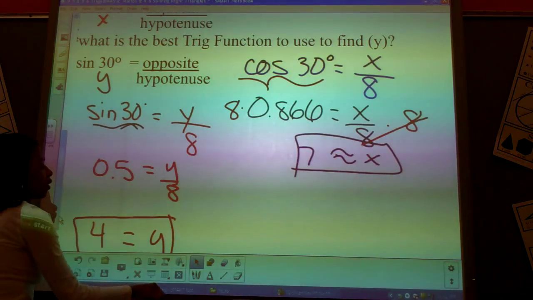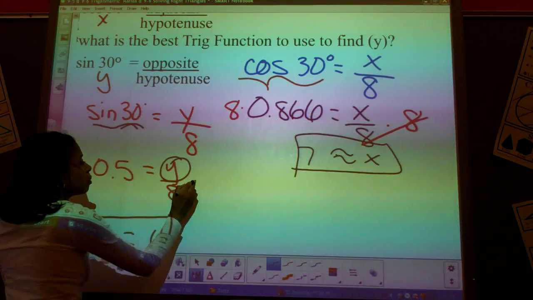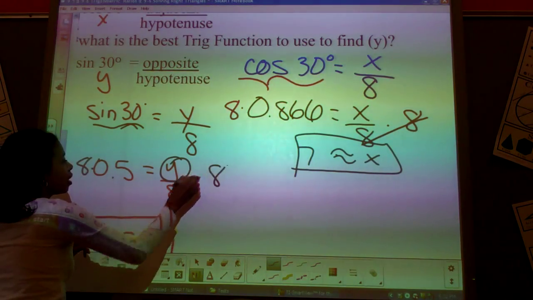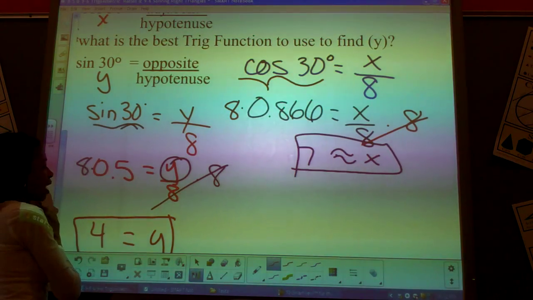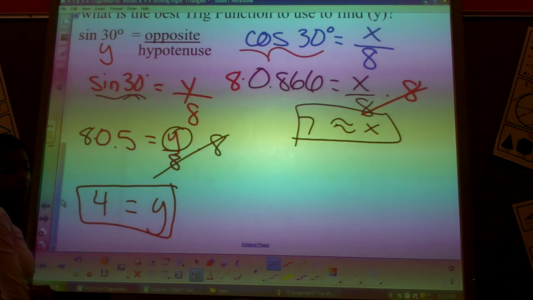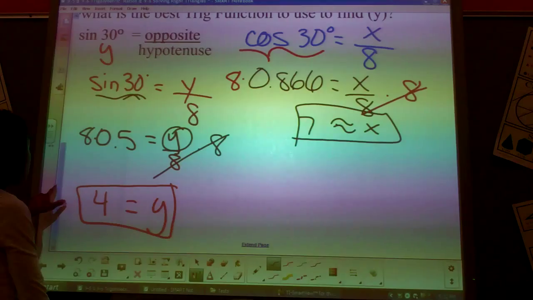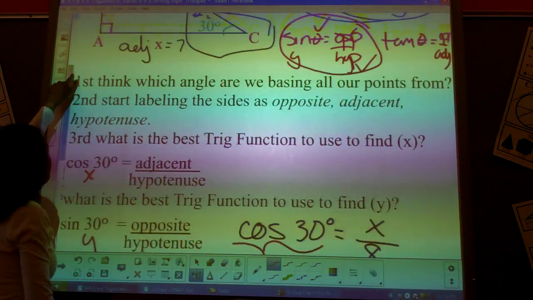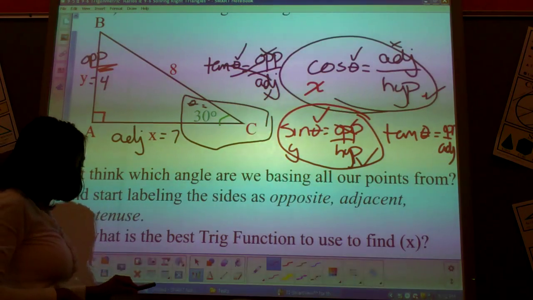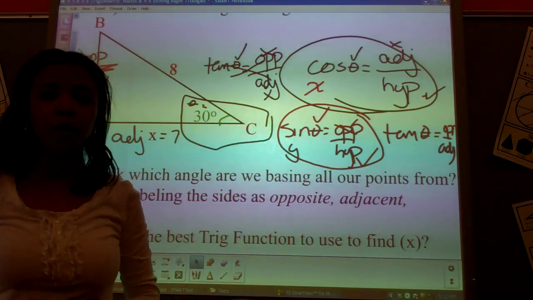We need y on the side by itself, so we need to multiply 8 on both sides to get this 8 out of the denominator. That will drop out. 8 times a half is going to be 4. So 4 equals y. And now we found the value of y. Okay? Come up here. Y equals 4. All right, and this is part 2 lesson.